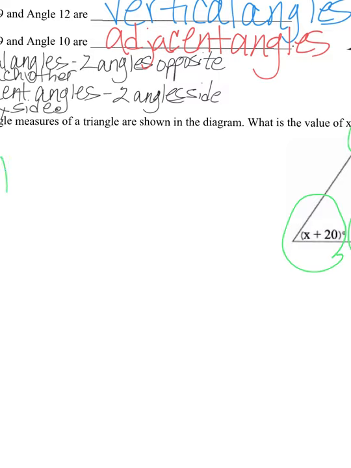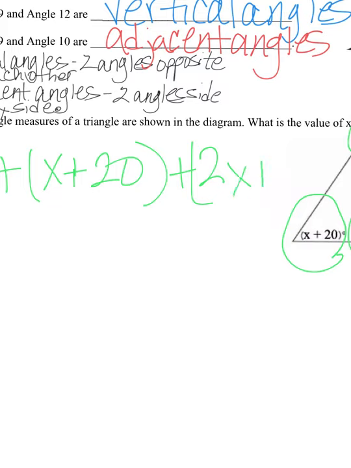60 plus x plus 20 plus 2x plus 25 equals 180 degrees.